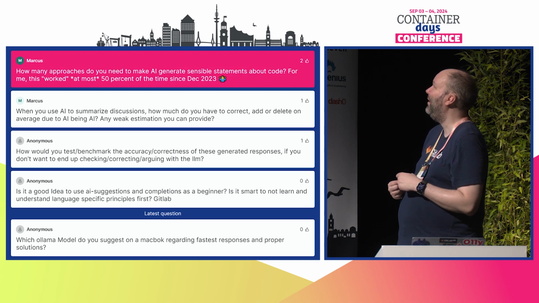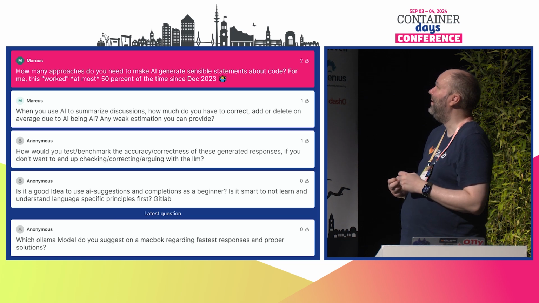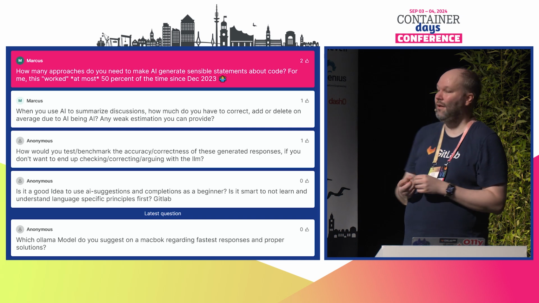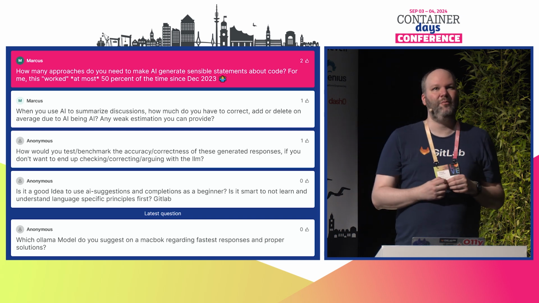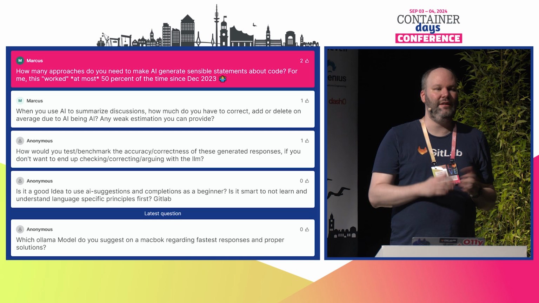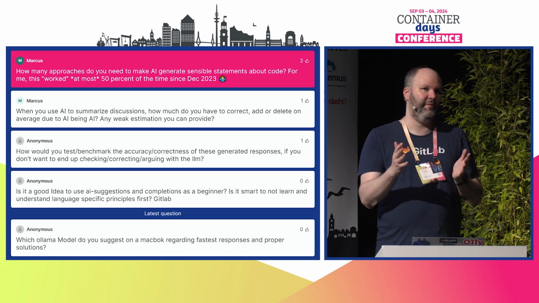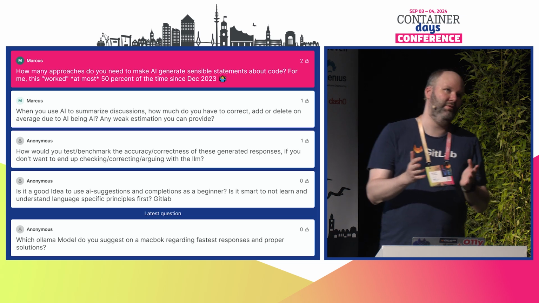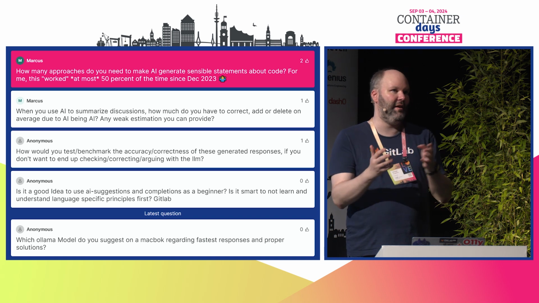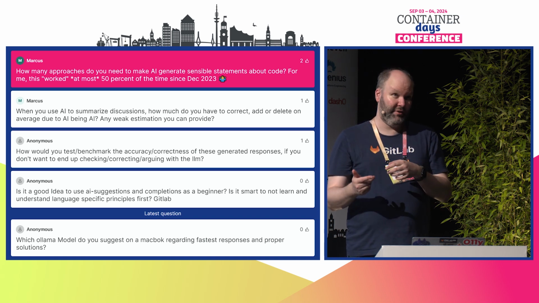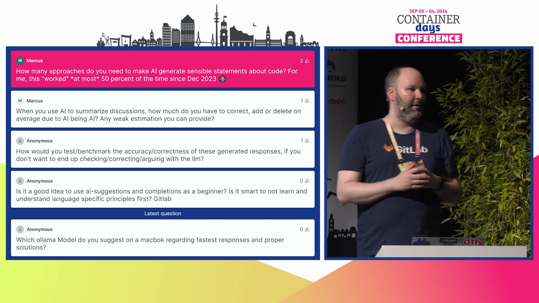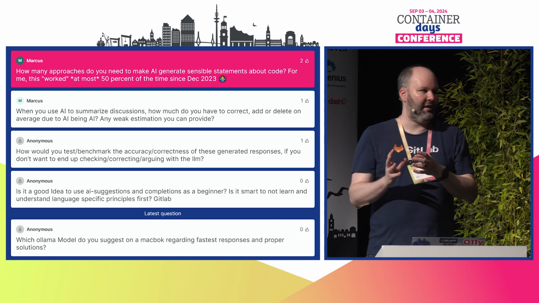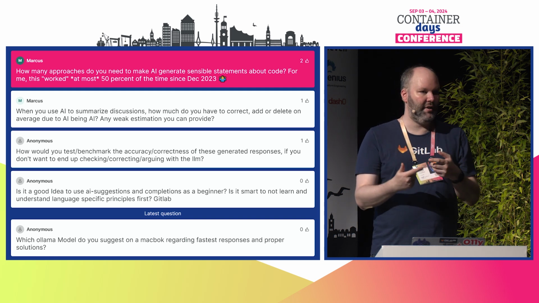How many approaches do you need to make AI generate sensible statements about code? For me, this worked at most 50% of the time since December 2023. So I think it needs some practice, and I've also seen the quality rising. We've been using Anthropic Claude 2.1 last year, and now we're at 3 or 3.5, which is either Sonnet or Haiku. The quality improved over time, so the LLM better understands what I want.